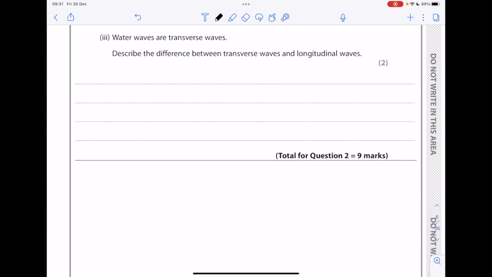Water waves are transverse waves. Describe the difference between transverse waves and longitudinal waves. So use this scaffolding.